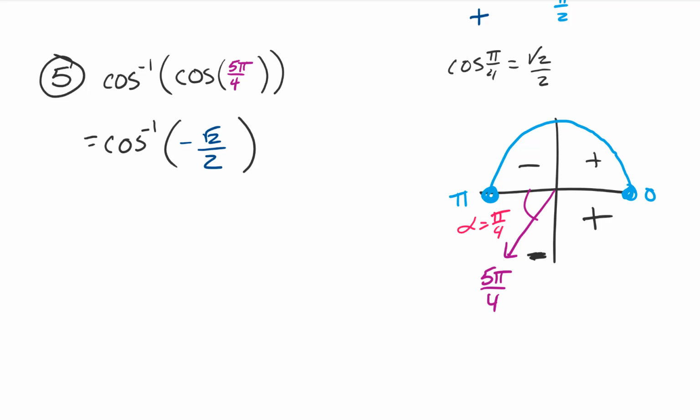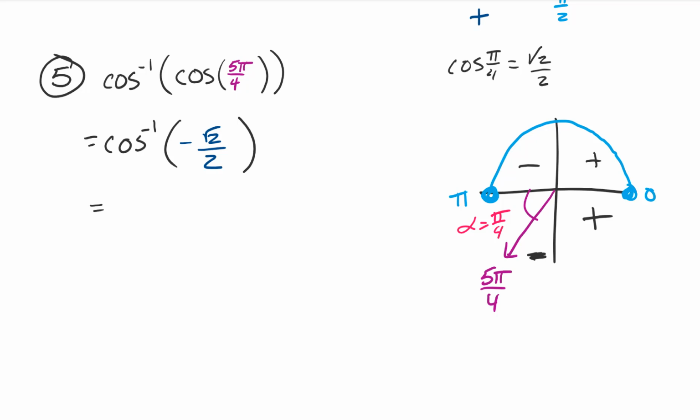But this is where it doesn't behave the same way. You can only have answers in the first and the second quadrant. If your input is negative, you're in the second quadrant. If your input is positive, you're in the first quadrant.